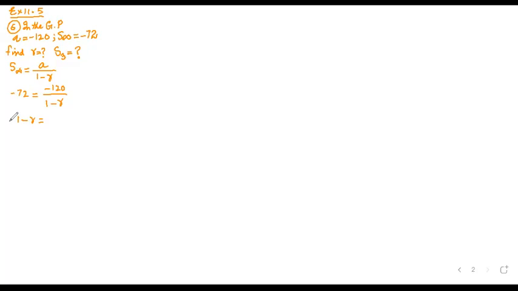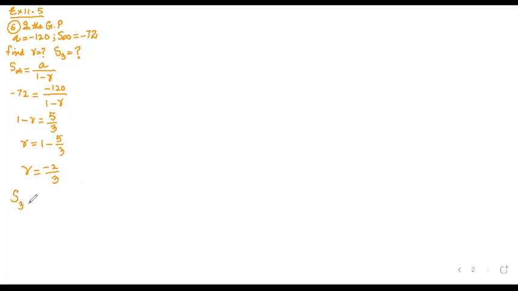This becomes 120 upon 72, which is 5 upon 3. So R will become equal to 1 minus 5 upon 3, so R is coming out as minus 2 upon 3. Now using R to find the sum of the first three terms.